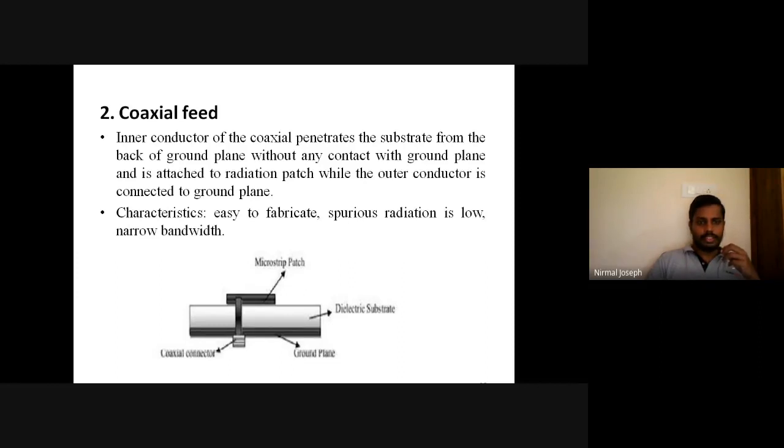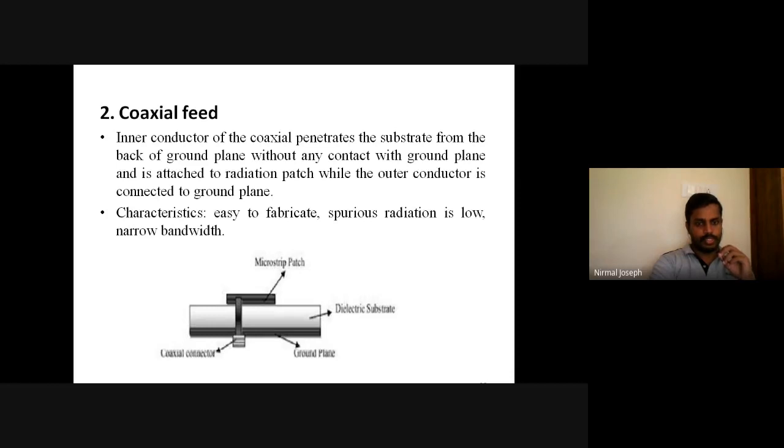In coaxial feed, the inner conductor of the coaxial cable penetrates the substrate from the back of the ground plane without any contact with the ground plane and is attached to the radiating patch, while the outer conductor is connected to the ground plane. That is shown here. This is the ground plane. Above the ground plane the dielectric substrate will be there, and on the substrate the microstrip patch. That is the basic construction of a patch antenna.